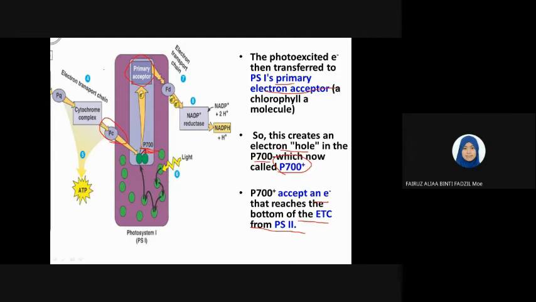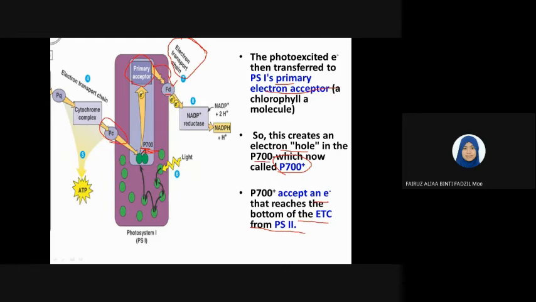Then what happens to the electron received by the primary electron acceptor? The next event is the second electron transport chain, but this chain has only one member, which is FD. FD stands for ferredoxin. The primary electron acceptor passes the electron to ferredoxin, the member of the second electron transport chain.